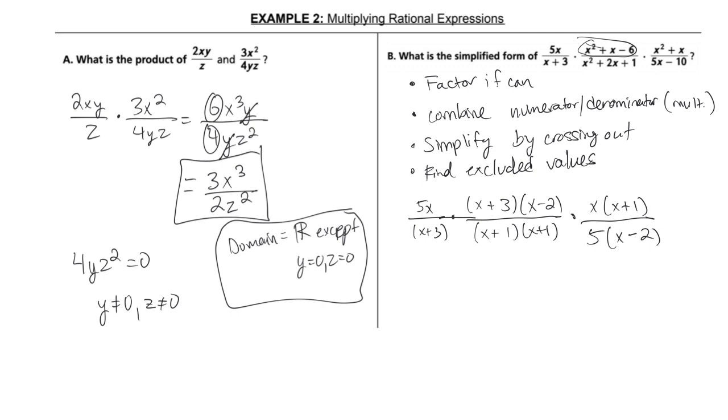Now we can just combine these so all the terms are in the numerators and all are in the denominators. And now what we can do is cancel out any common binomials. So x plus 3 cancels, one of the x plus 1s, and the x minus 2s cancel.